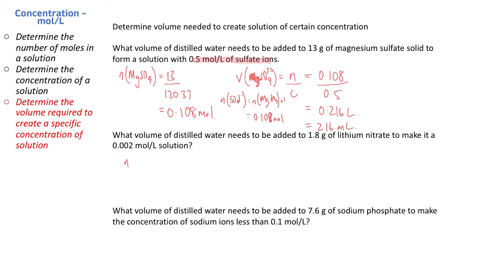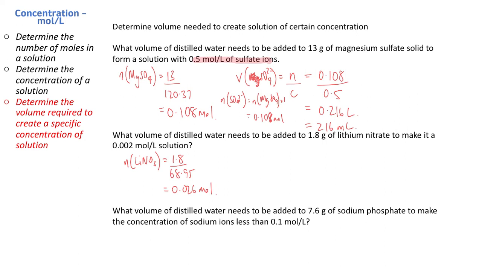So number of moles of lithium nitrate is equal to 1.8 divided by the molar mass of lithium nitrate. So lithium 6.94 plus nitrogen 14.01 plus 3 times 16, which is 68.95. 1.8 divided by that answer is equal to 0.026 moles.